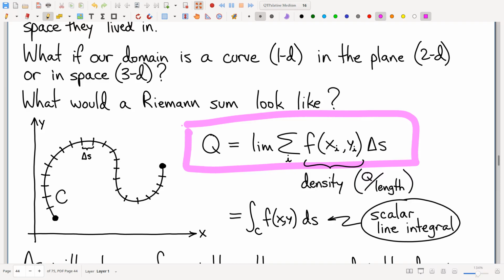And if you're trying to keep track of how many bacteria are growing on that wire, right? Then Q would be the total amount of bacteria. And then F would be how many bacteria per millimeter, or how many bacteria per centimeter, or whatever. Is that satisfying?